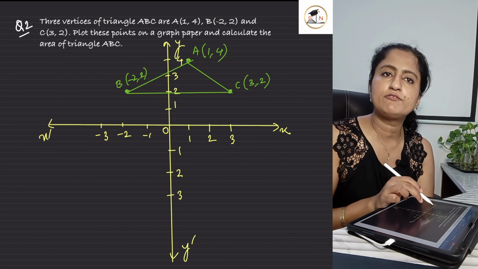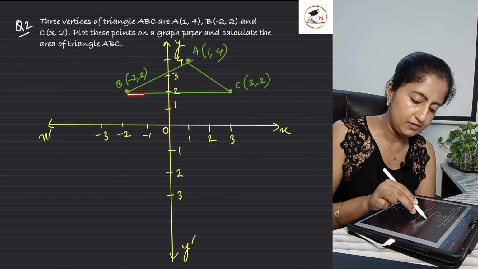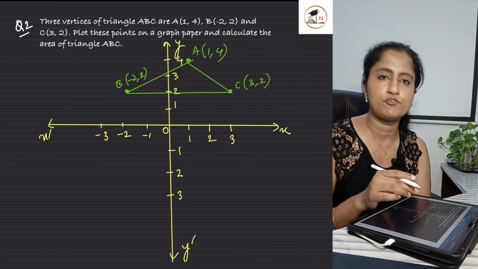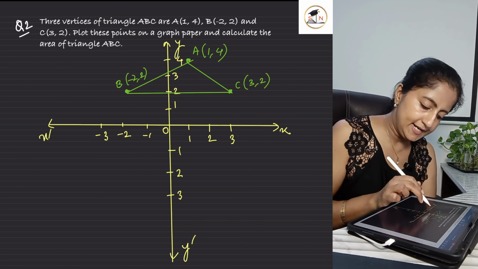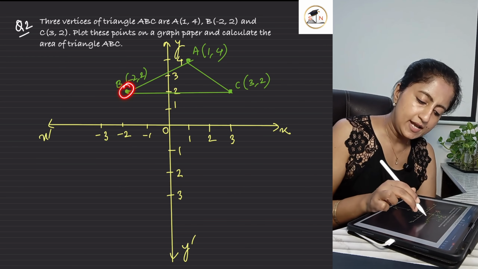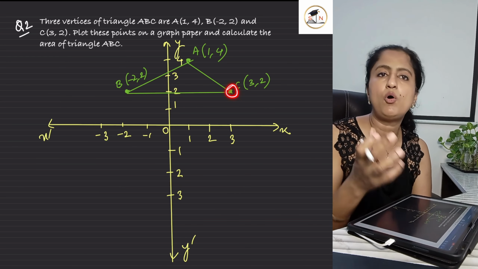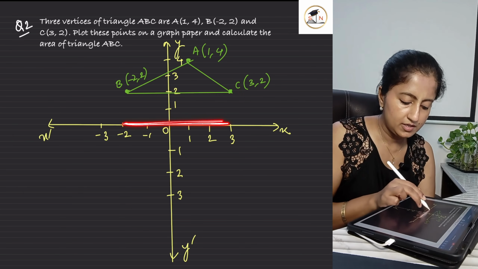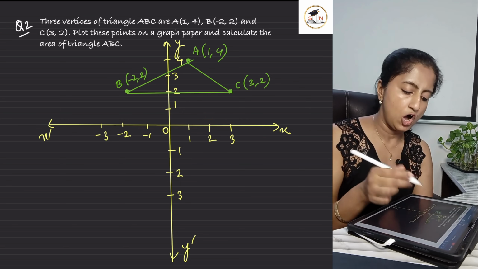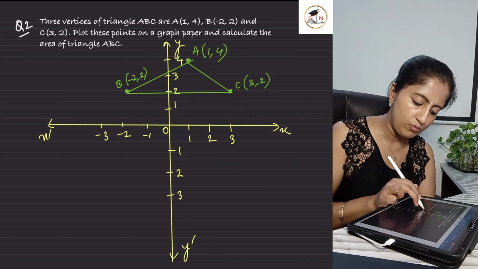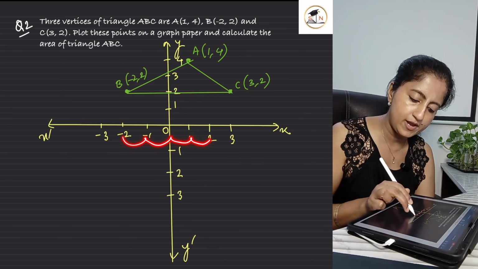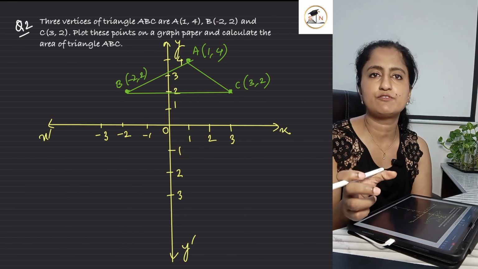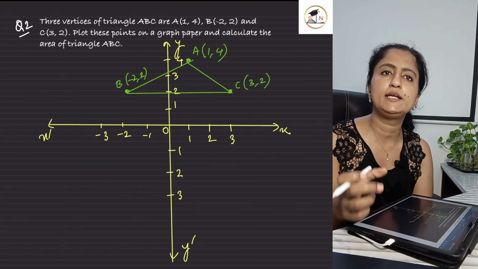The base, as we can see from the figure, is BC, right? So what is the length over here? How do you understand that from the Cartesian plane? It starts at -2 and it ends at 3 on the x-axis. So this is your length of the base. Now, how many units is it? It is 1, 2, 3, 4, and 5. But we don't need to calculate it like that.